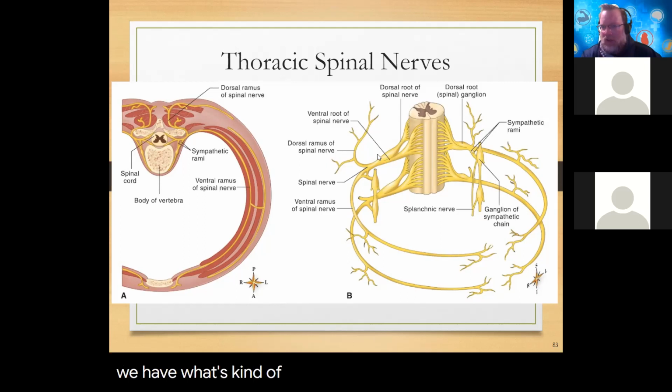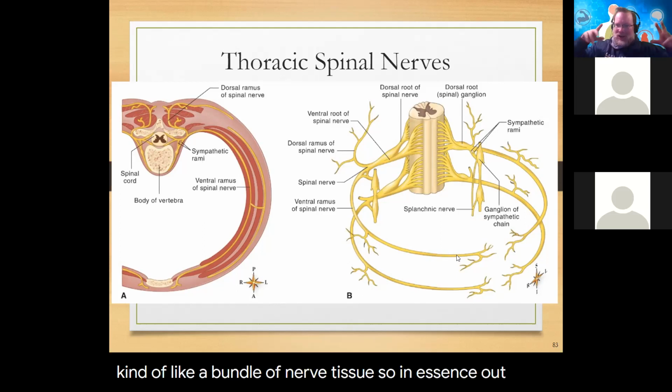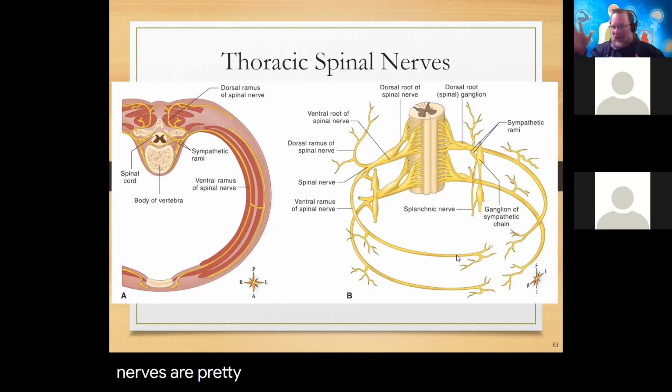We have what's called a ganglion. A ganglion is kind of like a bundle of nerve tissue. So in essence, out here, nerves are pretty scattered. But as they converge and head towards their appropriate spot along the spinal cord, we do get what we call a ganglion.